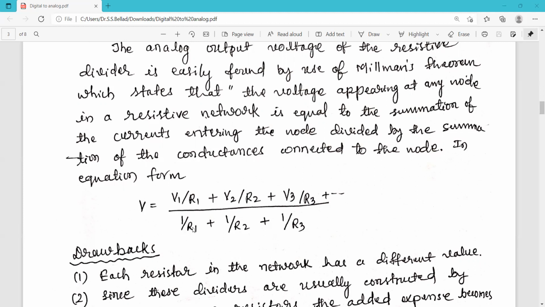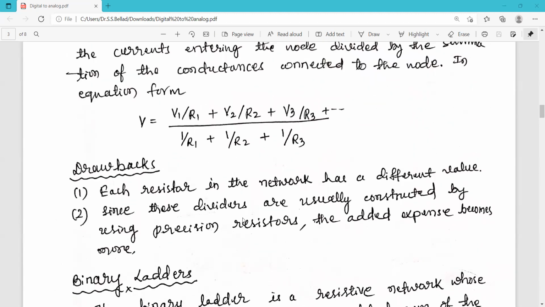This is the input resistor present at input 1, bit 1. This is also an input resistor. When you take the reciprocal of these resistors, you get the conductances, which are also added. So these are the conductances and these are the currents. Their sum gives the output voltage of this resistive divider network.